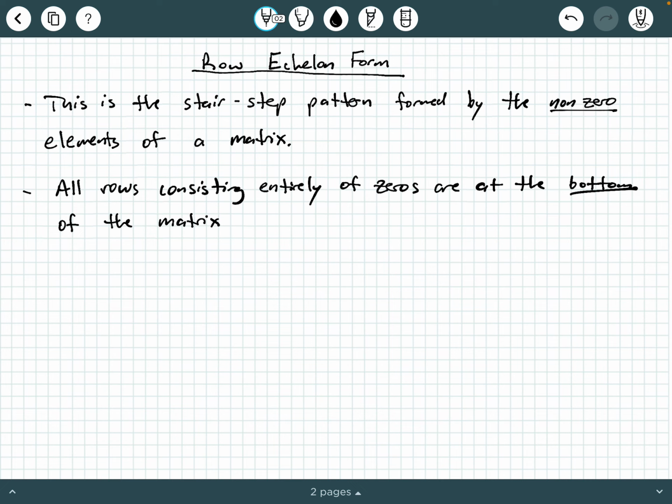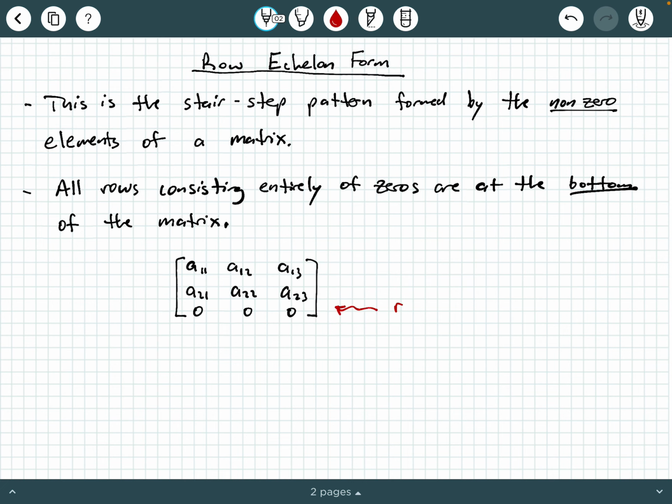Okay, so for example, if you have a matrix, you know, you have maybe A11, A12, A13, A21, A22, A23, and let's say you have a row of zeros, then that would be at the bottom of the matrix.